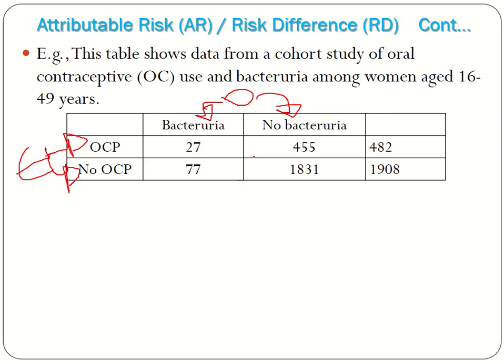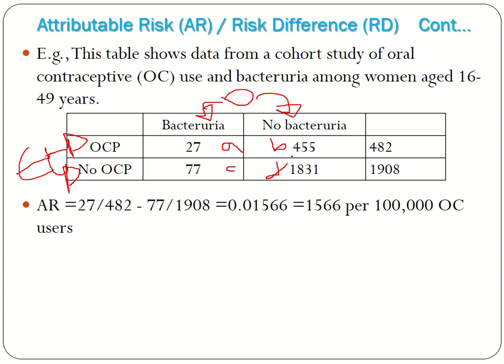So this is the data, this is A, this is B, this is C, this is D. Attributable risk ካልኩሌት ስናደርግ attributable risk ምንድነው ብለናል?